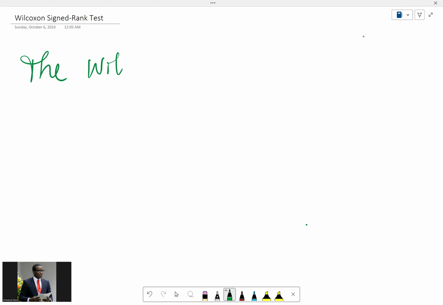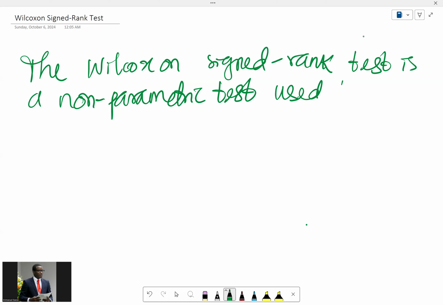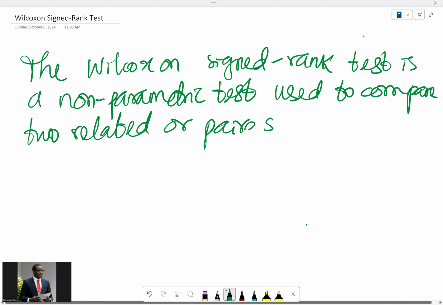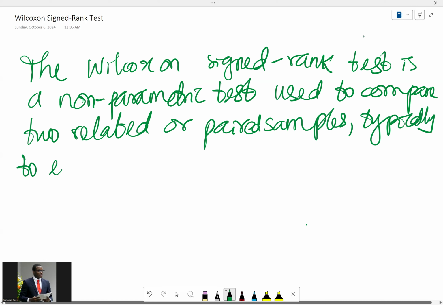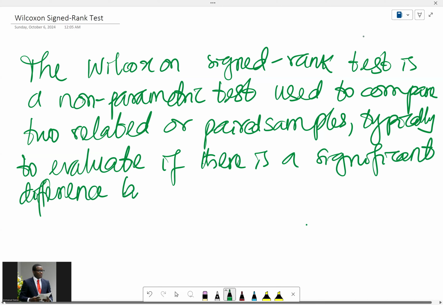So the Wilcoxon Signed-Rank Test is a non-parametric test used to compare two related or paired samples, typically to evaluate if there is a significant difference between them.